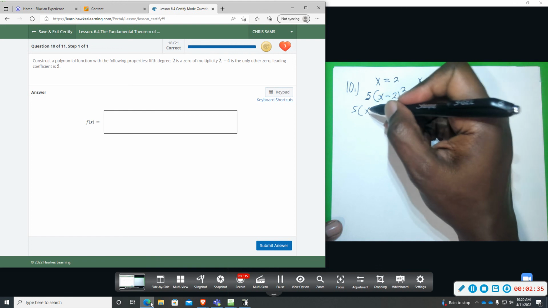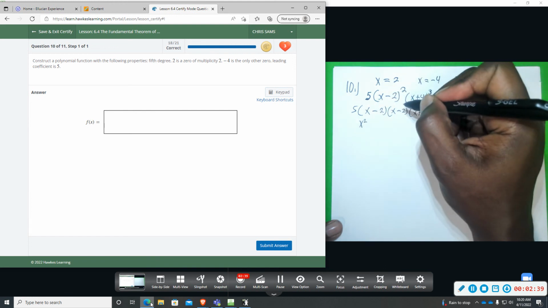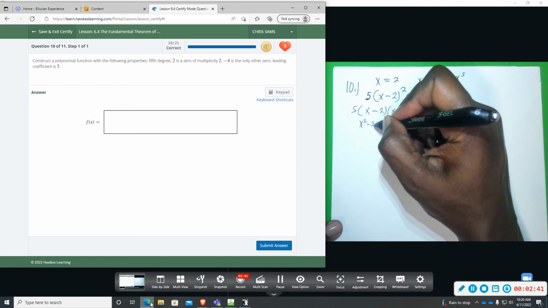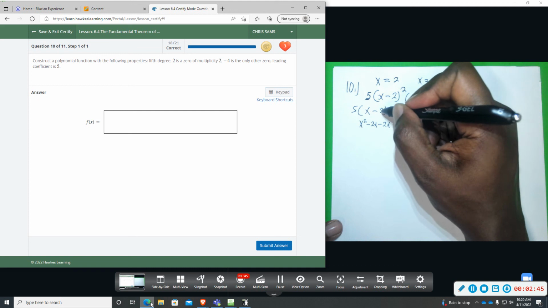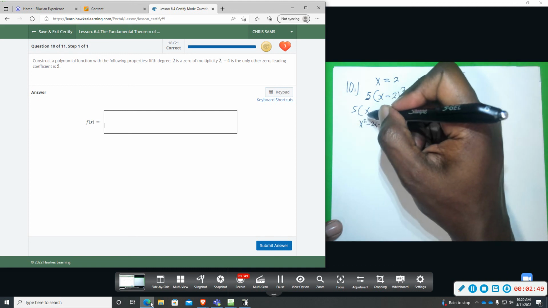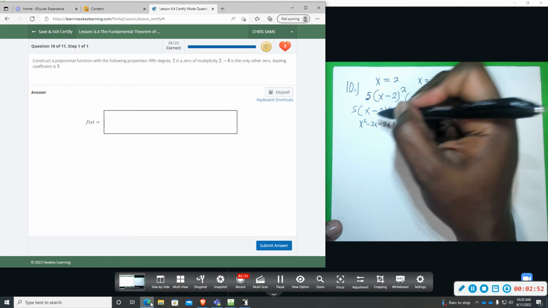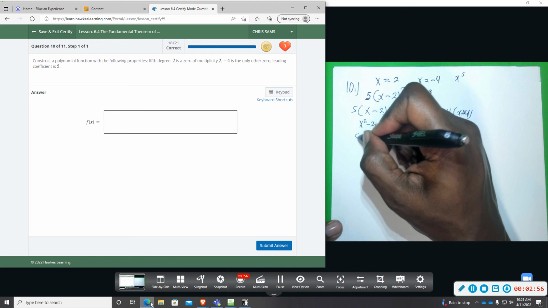So x times x will give me x squared. X times negative 2, negative 2x, negative 2 times x, another negative 2x, and negative 2 times negative 2, positive 4. So simplifying this, I'm going to bring down the 5.